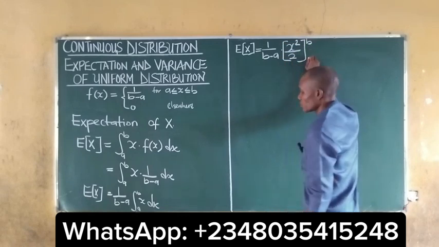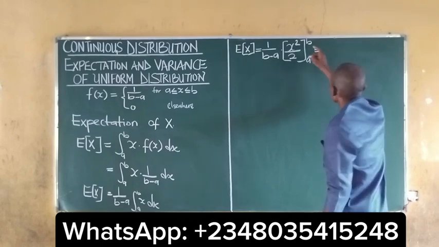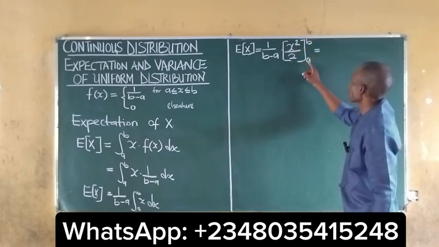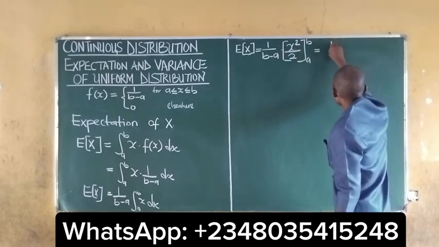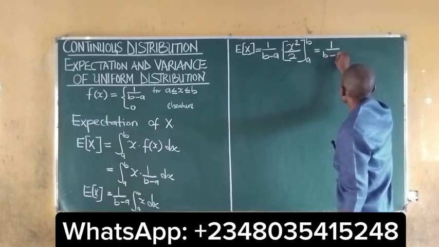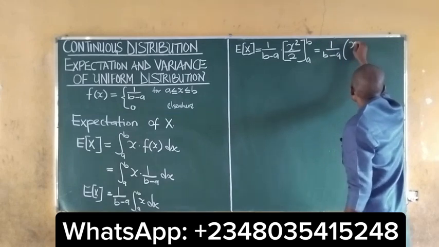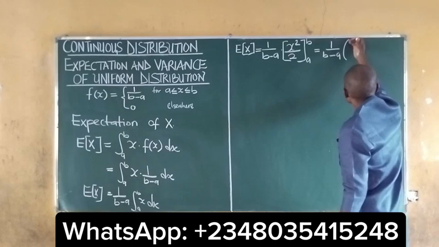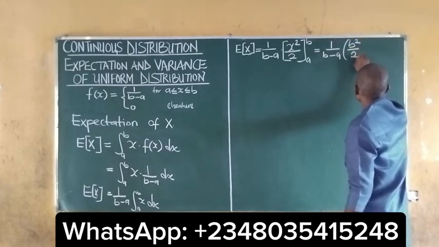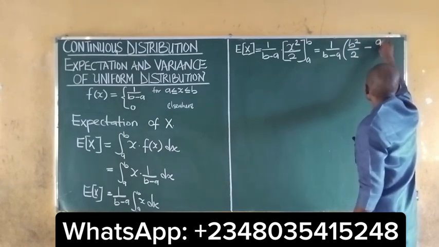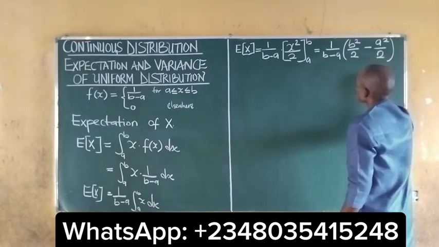We now put the range, and this is equal to, anywhere we see x we put b, anywhere we see x again we put a. So we have 1 all over b minus a. In resolving this, we have b squared all over 2 minus a squared all over 2.